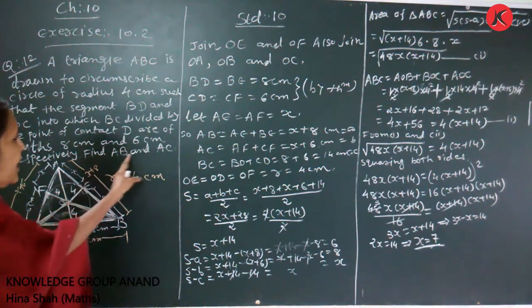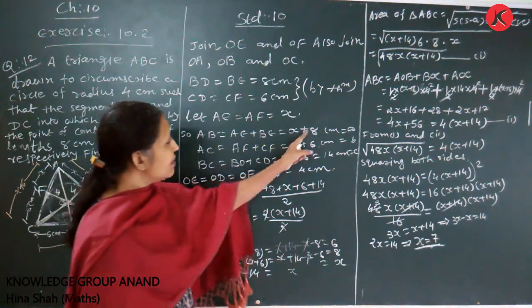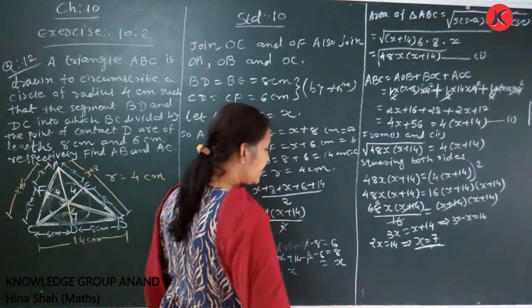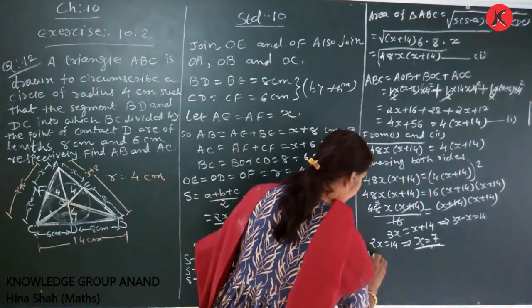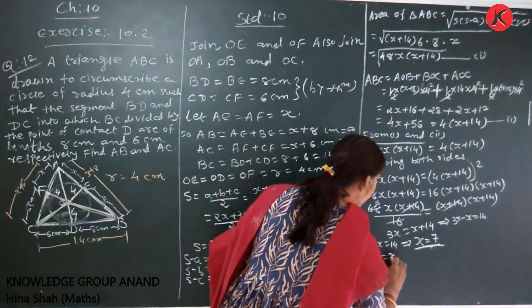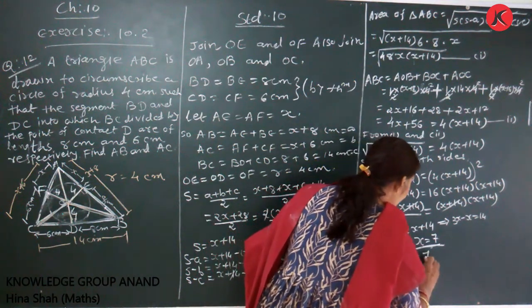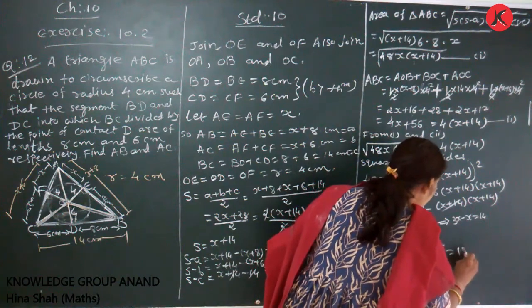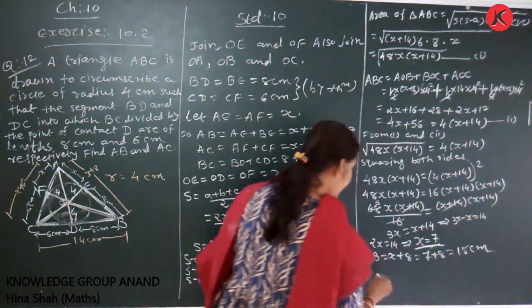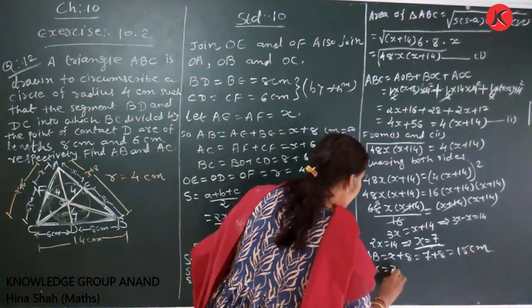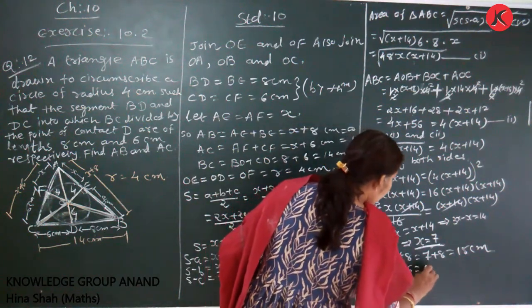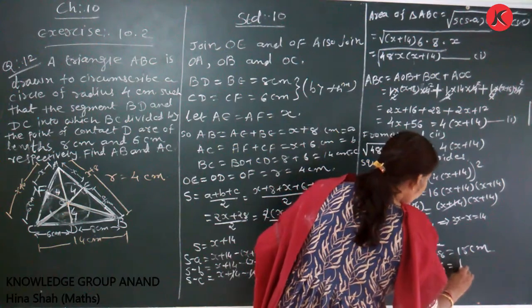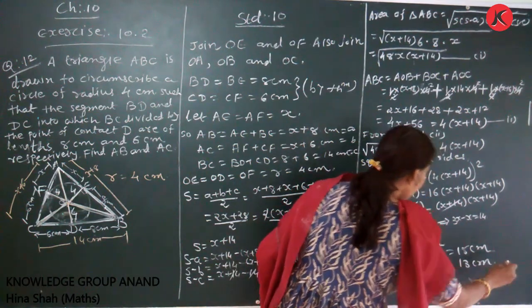Now here we find AB and AC. AB is equal to x plus 8, which is 7 plus 8, equal to 15 centimeter, and AC is equal to x plus 6, 7 plus 6 is equal to 13 centimeter.